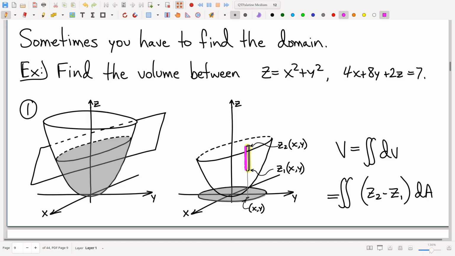That height is the difference between the z-coordinate there, which is the z-coordinate in the equation of the plane, because that point is on the plane. And then over here, I'll use green. This point, its height is this z-coordinate there, because this point is on that paraboloid. And so altogether, the height is going to be that z-coordinate minus this z-coordinate.